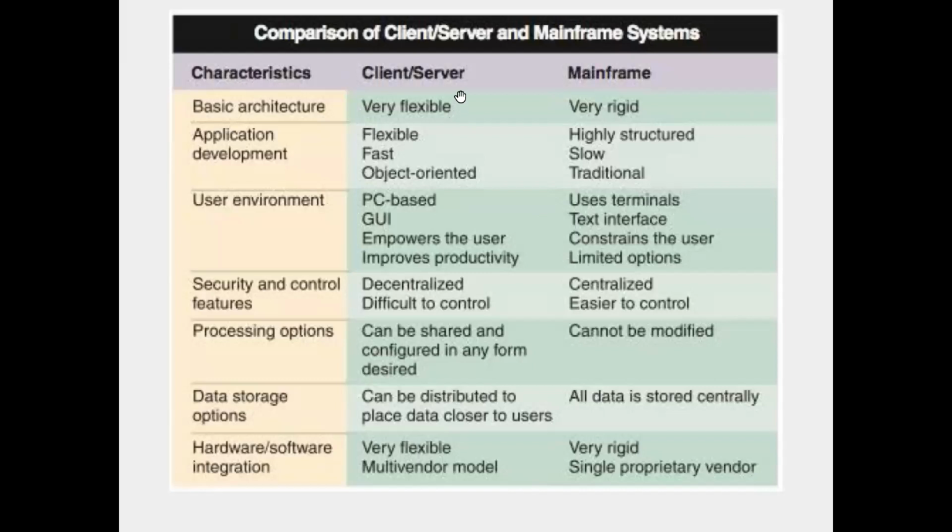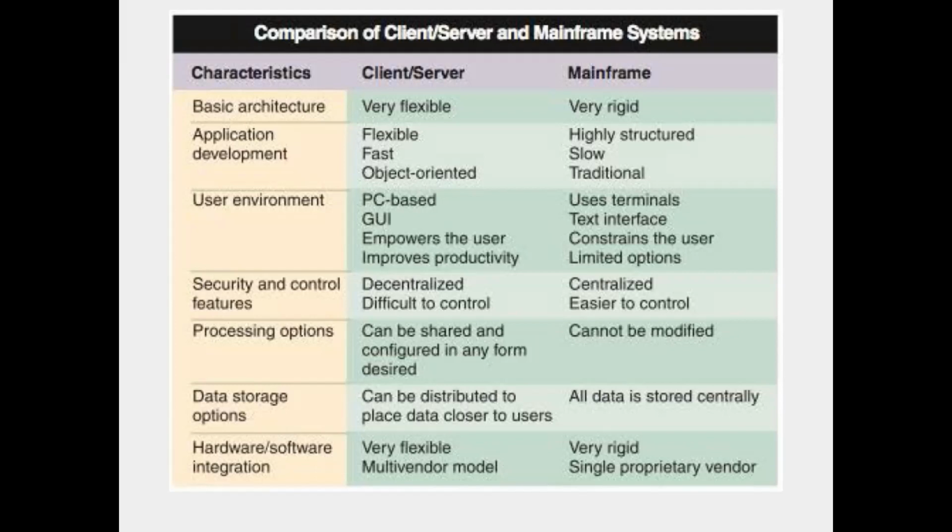Now, when you compare traditional mainframe systems with client-server systems, you should know the differences. In basic architecture, client-server is very flexible, but mainframes are very rigid, which means you cannot change the structure. When it comes to application development, client-server is flexible, fast, and usually object-oriented.